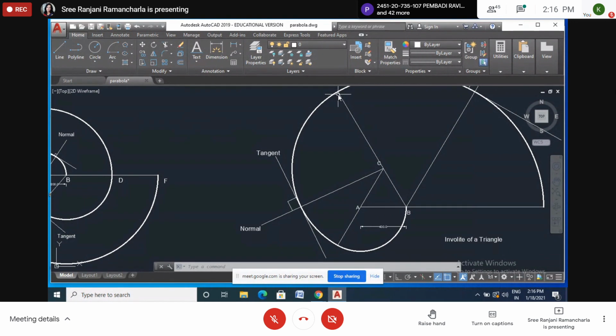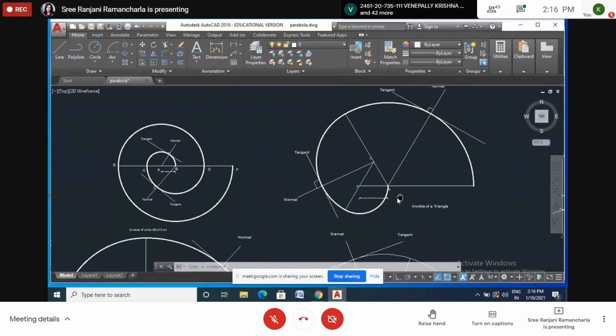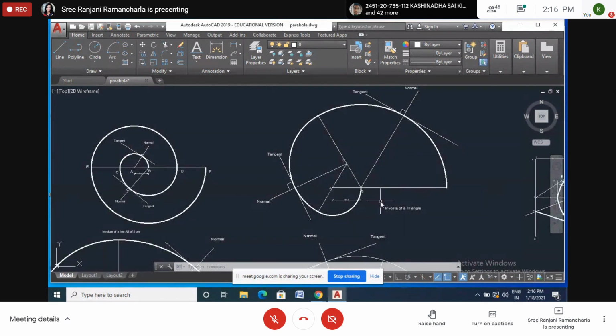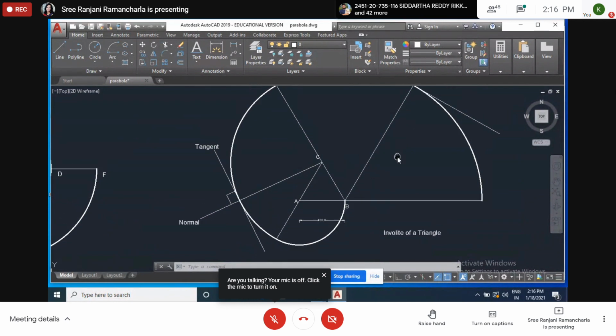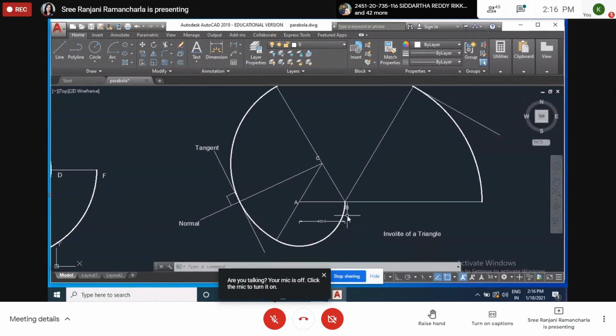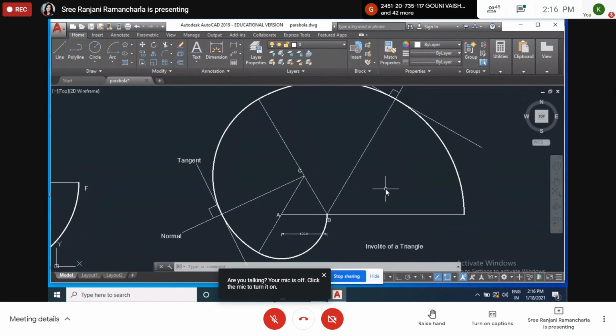Similarly, B as the center and this length as the radius, draw this curve with the compass. What is the curve called? Involute. So this is the involute.